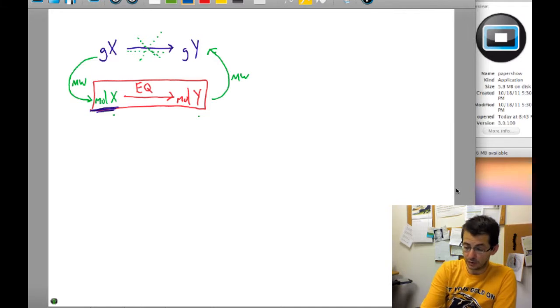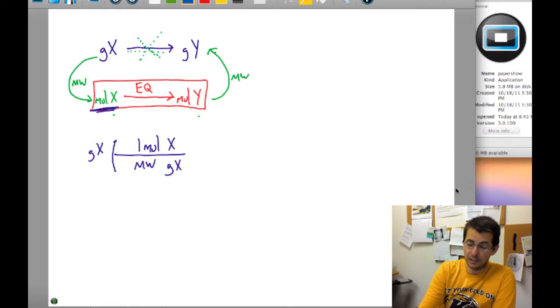So how do we actually do it? Well, using the grams of X, we know that after the molecular weight for grams of X, that will allow us to figure out the number of moles of X, because the molecular weight is defined as 1 mole of X is equal to the molecular weight of X in grams.